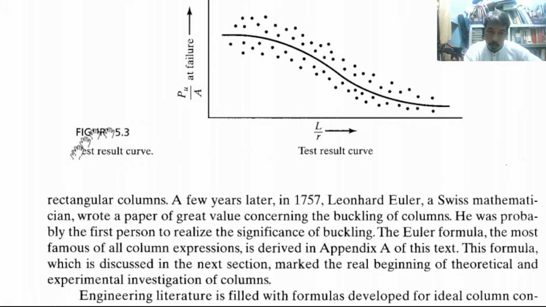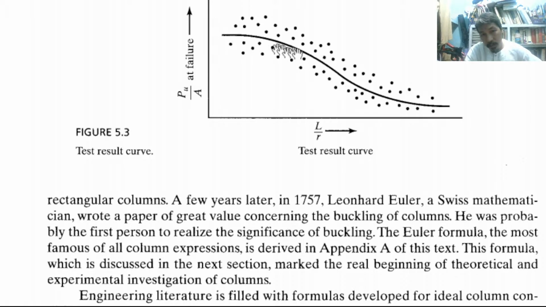So, in the test result curve, L over R is the independent variable, and P_u over A is the dependent variable. We test several specimens, and the testing results are the dots, and then we have to represent those dots with a mathematical equation.